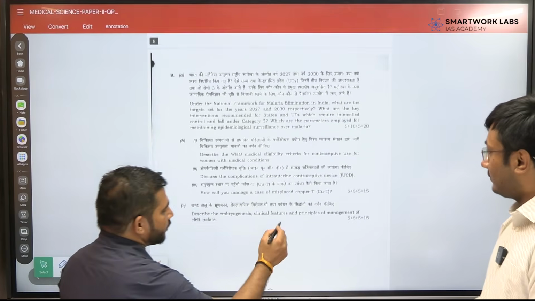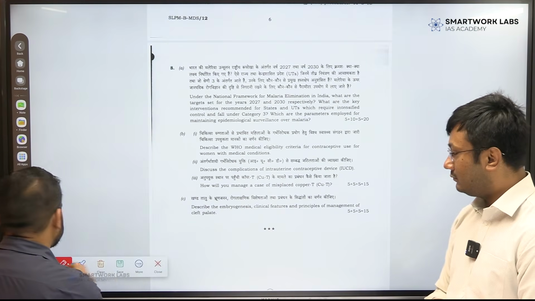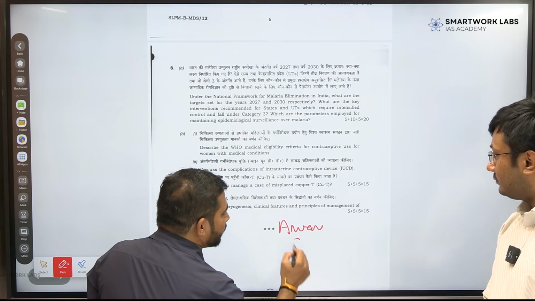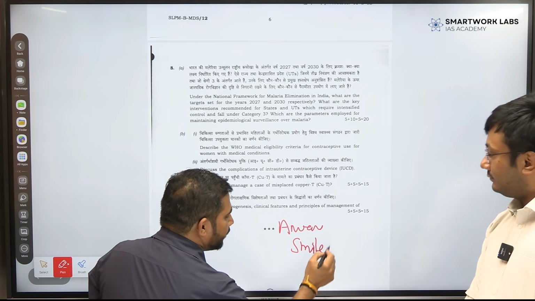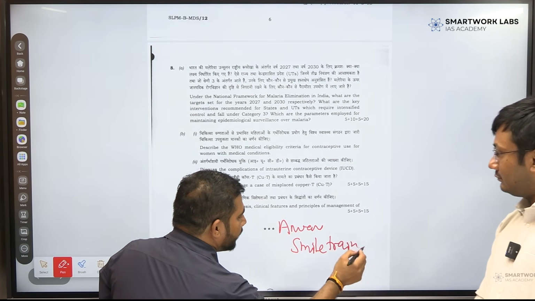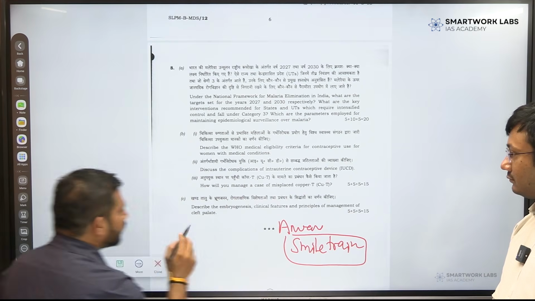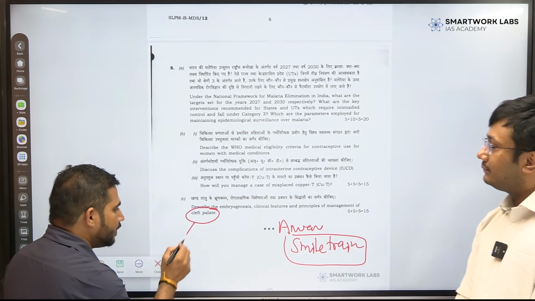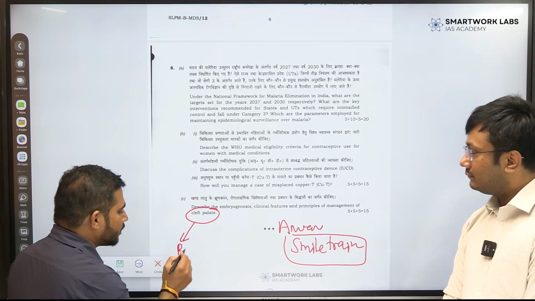So awareness, जो एक वर्ड यूपीएससी बार बार पूछता है, अवेयरनेस प्रोग्राम, जैसे स्माइल ट्रेन चला, तो यू हैव टू मेंशन स्माइल ट्रेन या गवर्नमेंट ऑफ इंडिया का, क्योंकि दिस इज नॉट अ प्रॉब्लम ऑफ ओनली द चाइल्ड, because child have the emotional attachment with the parents.